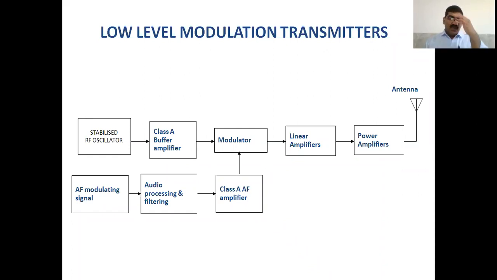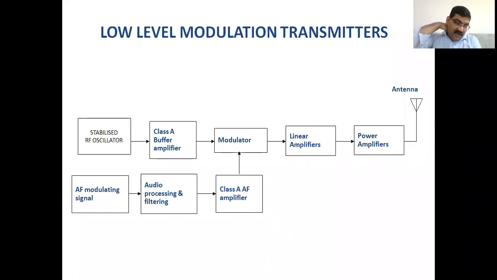Now this signal is given to the modulator, and here the amplitude modulation process is done by the modulator. Simply you can say the two signals are mixed, and the amplitude of this carrier signal is varied according to the amplitude of this modulating signal. Then this amplitude modulated signal is given to the linear amplifier.